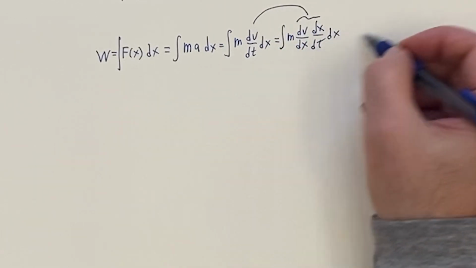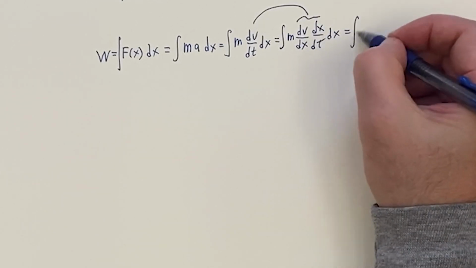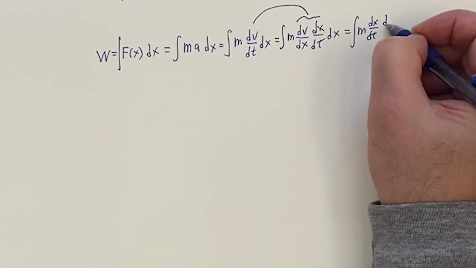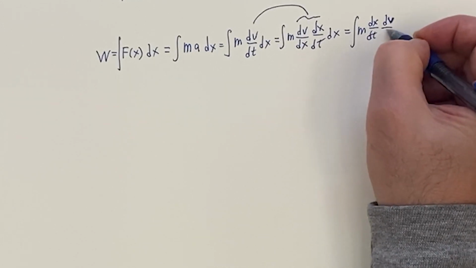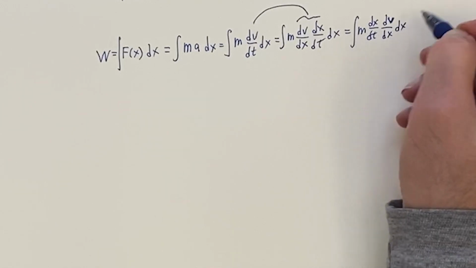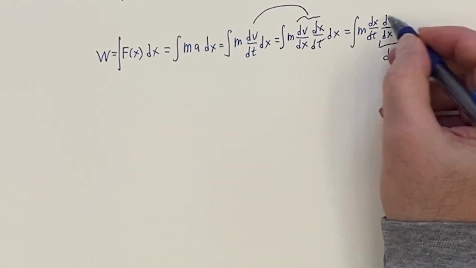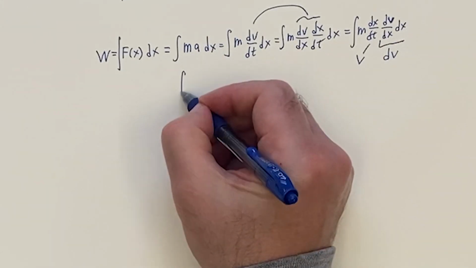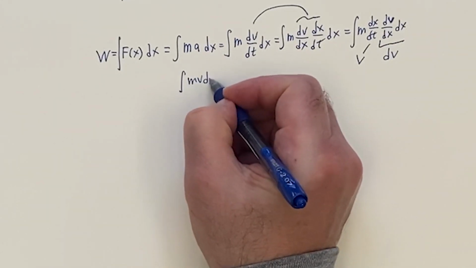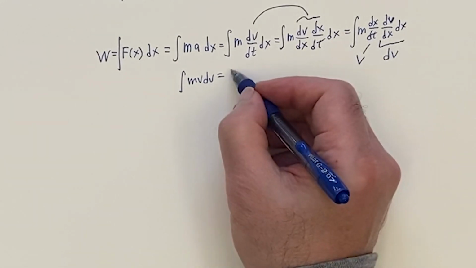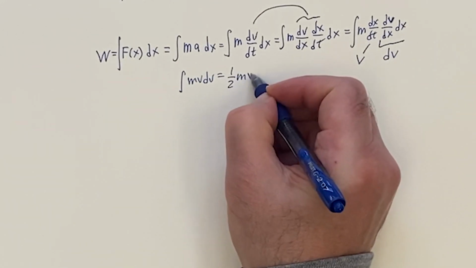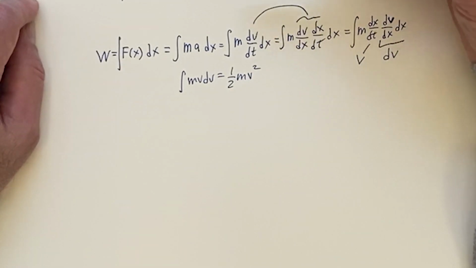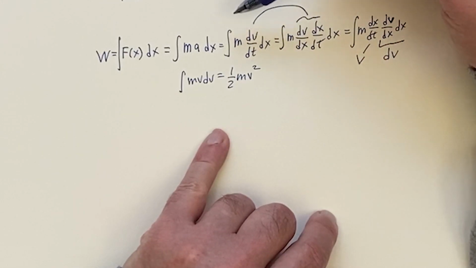And now watch this trick. We're going to move over, put the dx/dt first, the dv/dx second, and then replace this with dv, and replace this with v. So now I have an integral of mv dv, right? And that's going to be 1/2 mv squared. That is so cool. So let's go over that again, a little bit of tricky stuff with calculus here.